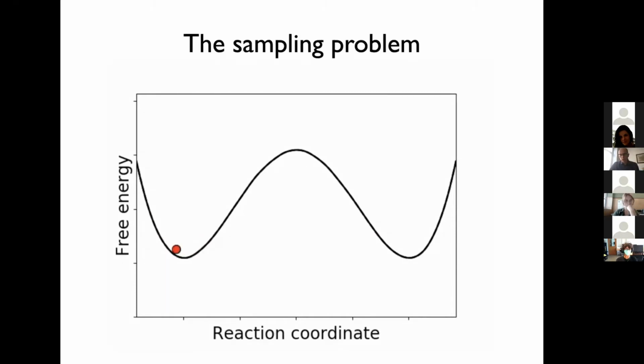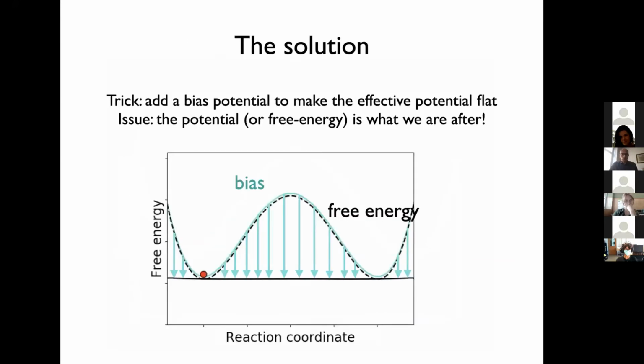But the time scale at which this happens goes up exponentially with the height of the barrier. Of course, if you know what this landscape looks like, then you can use a bias potential to remove the barrier.